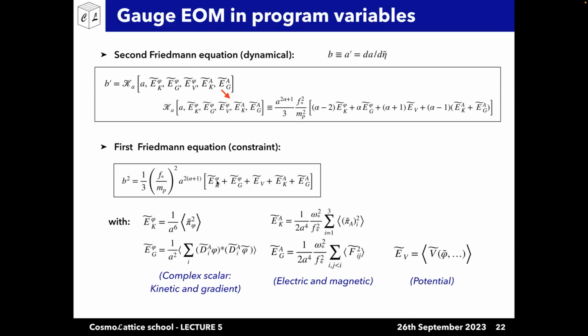Okay? And here E_K of phi and E_G of phi are the kinetic and gradient energies of the complex scalar, E_K of A and E_G of A are the electric and magnetic ones associated to the gauge field, and E_V is the potential. And these are volume averages over the entire lattice.